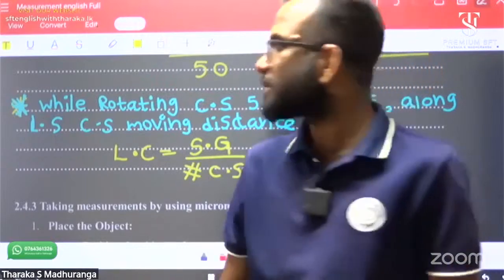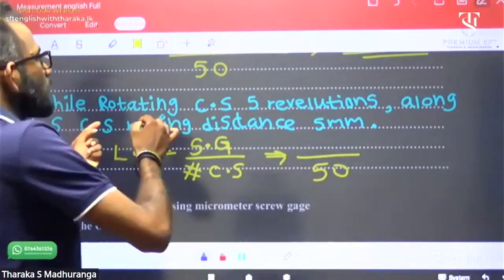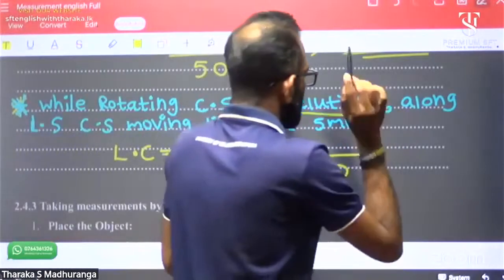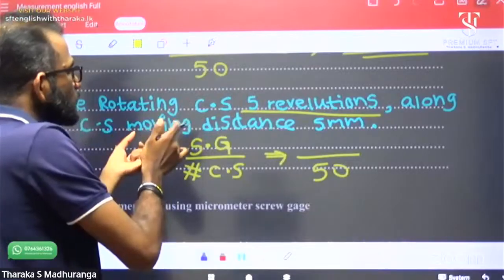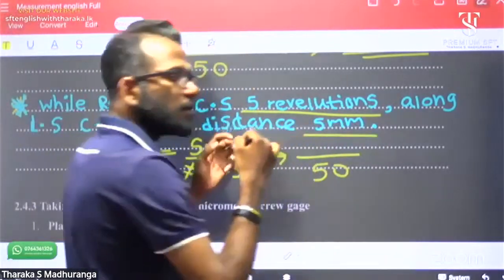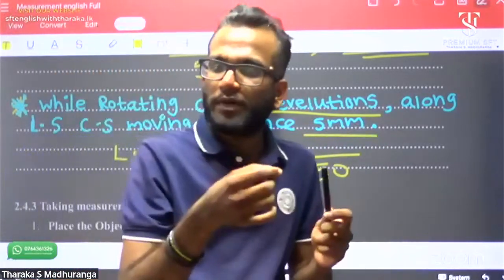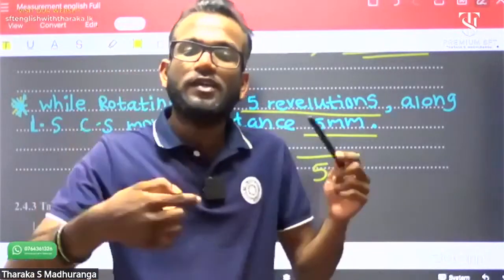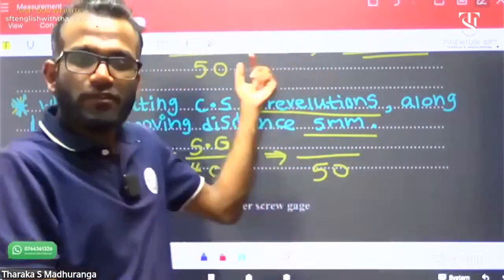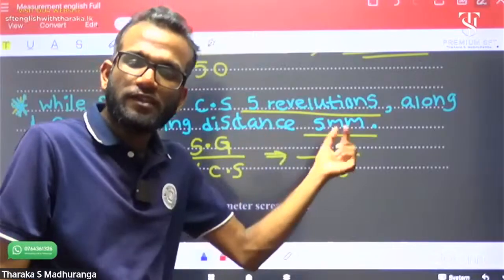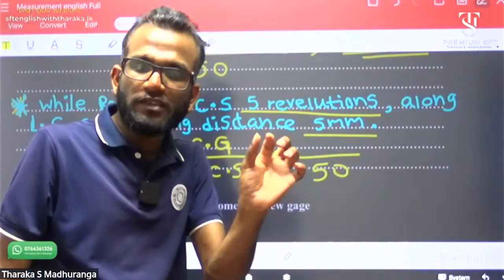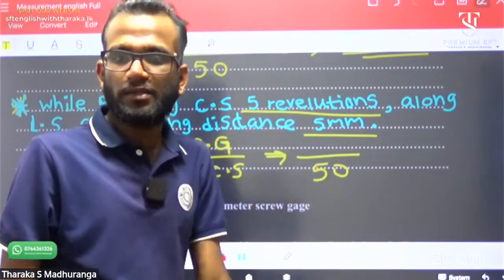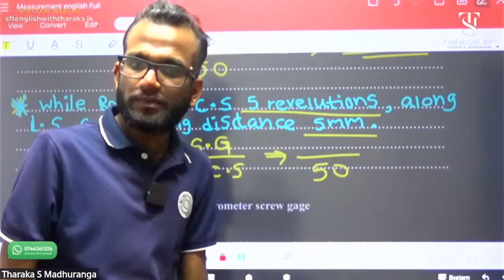How to get it? While rotating 5 revolutions, the circular scale moves 5 millimeters. Then within 1 revolution, how about the moving distance? 1 millimeter, 5 divided by 5.